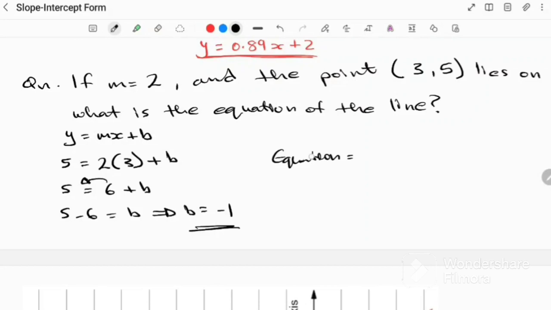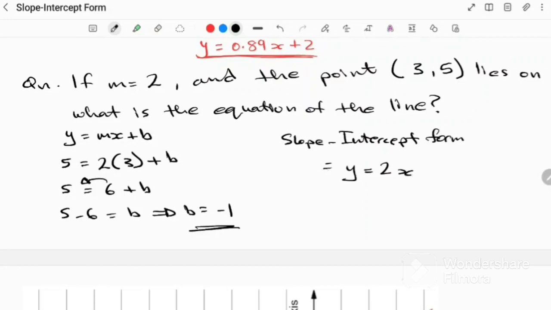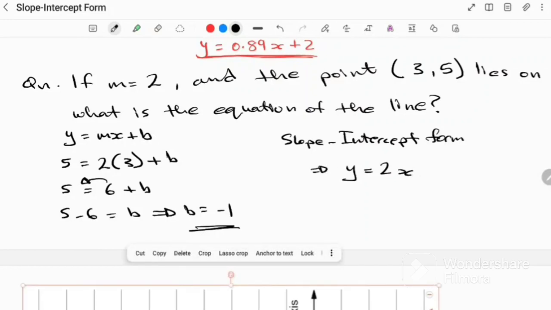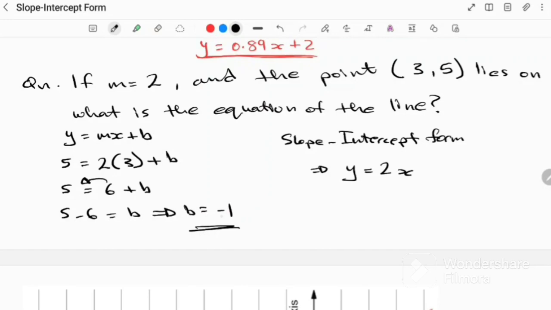The slope-intercept form is y is equal to, our m is given as 2, x plus b. Now our b is negative, so plus negative 1 is the same as minus 1. And this is our final answer. y is equal to 2x minus 1.